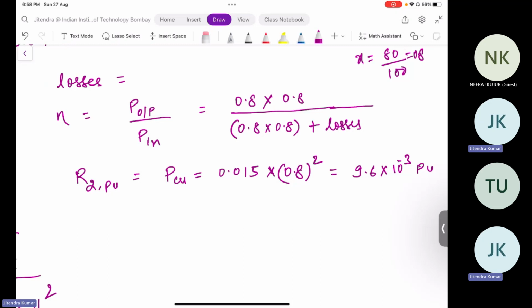Now another resistance is present in the circuit: the excitation resistance, or core loss component of resistance, or magnetizing branch resistance, whatever you call it. How to compute the loss in the parallel branch?